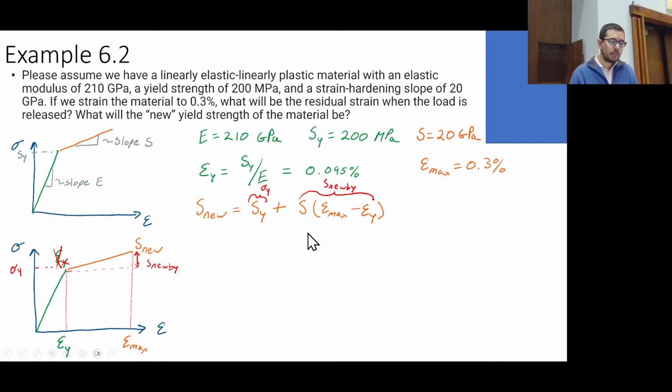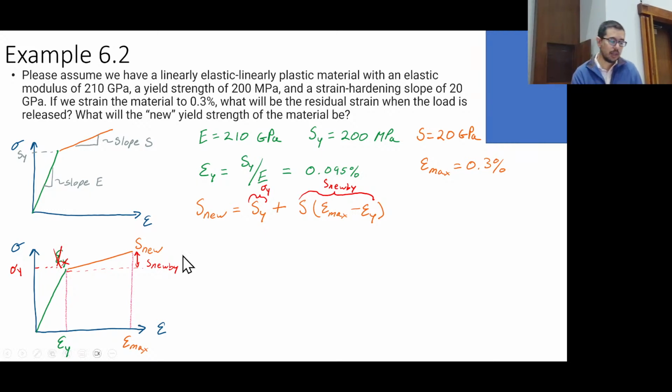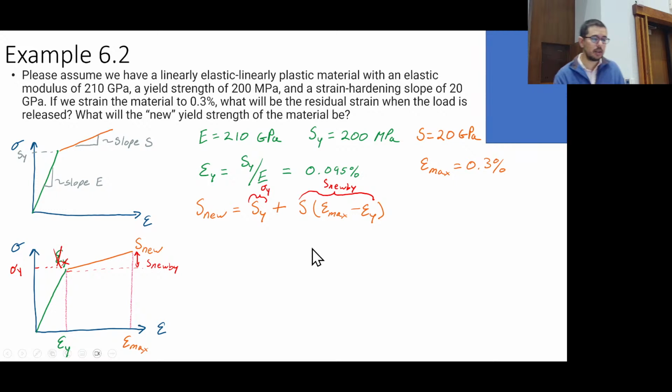This one's straightforward; this one might be a little bit trickier. We have the slope times the run, and the run is epsilon max minus epsilon y. That will give us the extra rise, S nu B, that we can add to our S y, our yield strength, to get S nu.